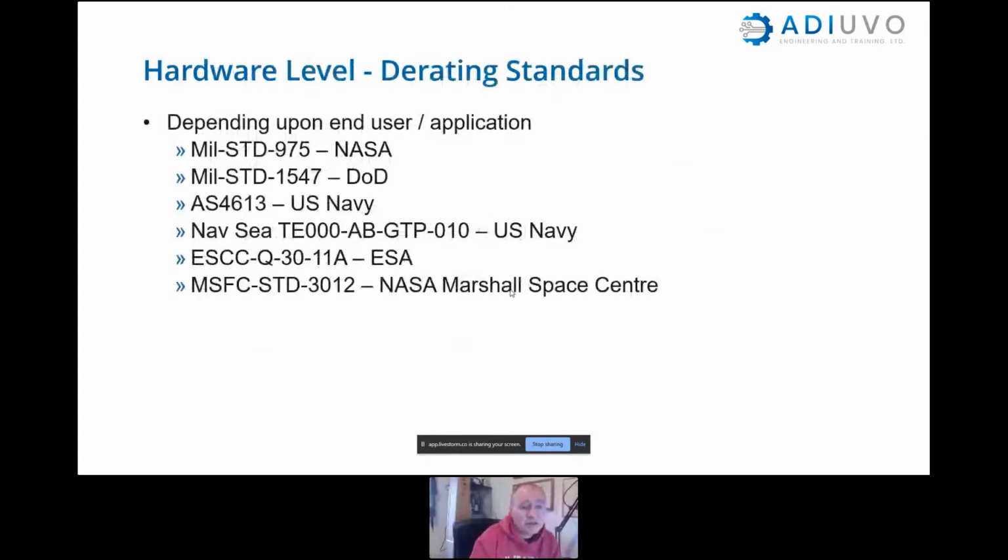Again, there are a number of derating standards that can be used, from NASA to the Department of Defense to the European Space Agency, and each one is going to be very similar, but they have slightly different tailorings to suit their particular needs and desires.